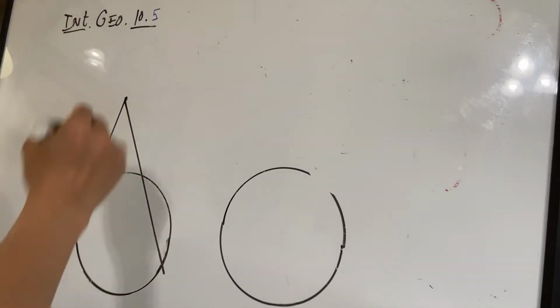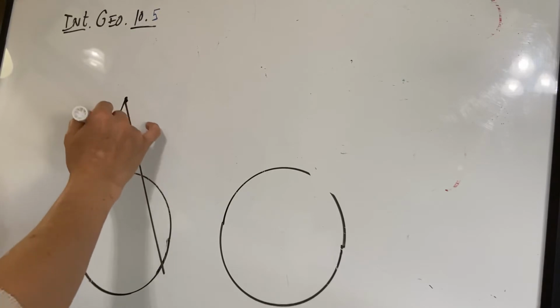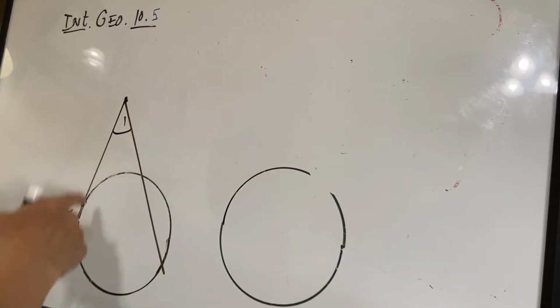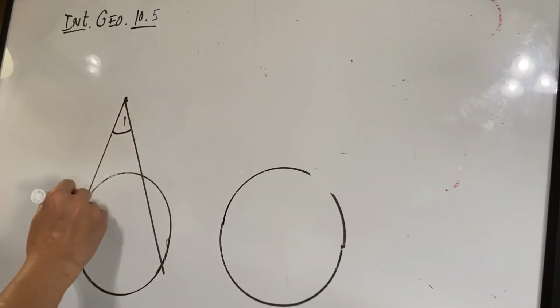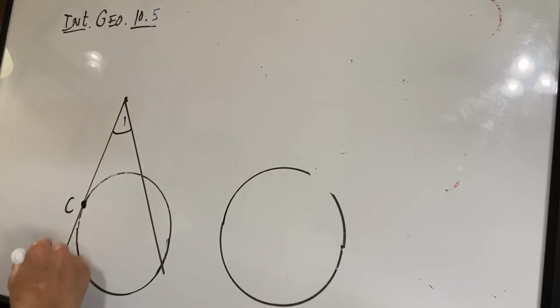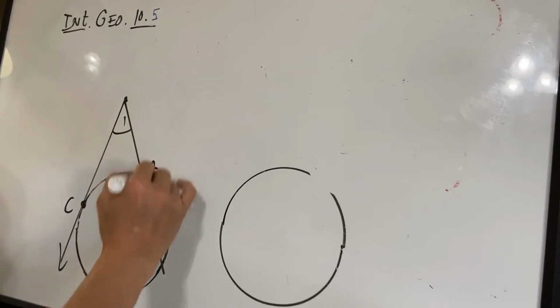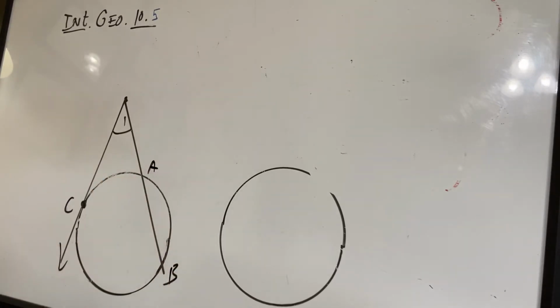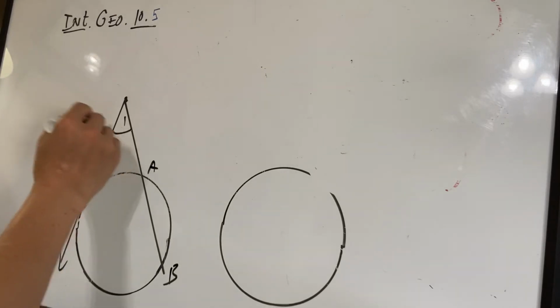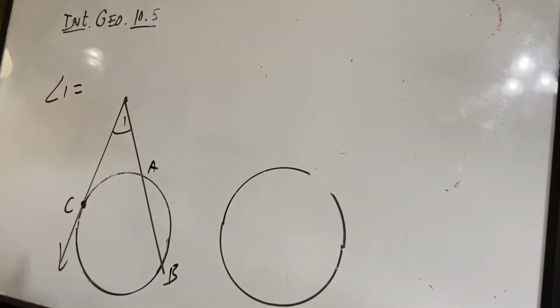There we go. And this out here is called angle 1. This angle is made up by the tangent that contains C, and then the line AB. This is called A, this is called B. Then, ladies and gentlemen, angle 1 equals what? What is the relationship of angle 1 right here?